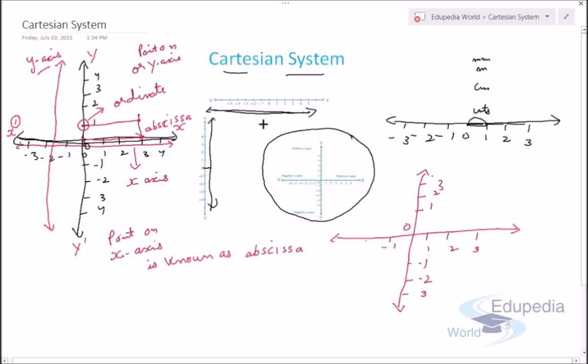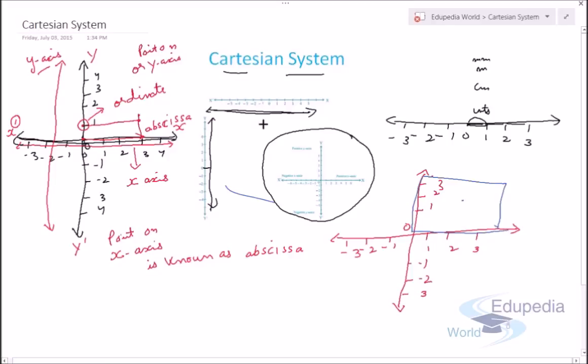This will be -1, -2, -3, and this will be -1, -2, -3. Now suppose we discuss this plane, this part, let me highlight it with another pen. Suppose we have this part of a Cartesian system.